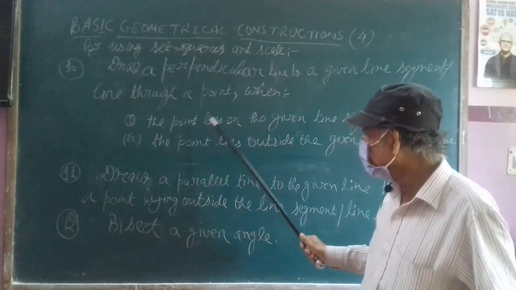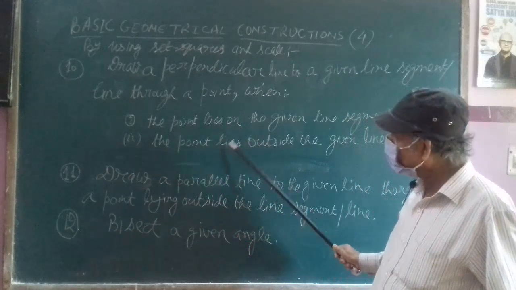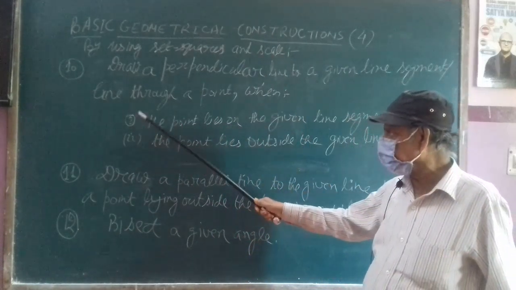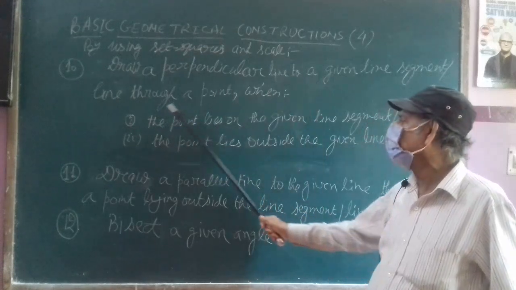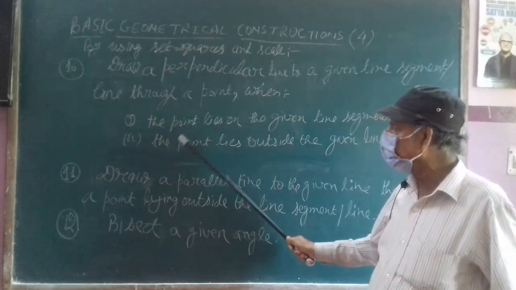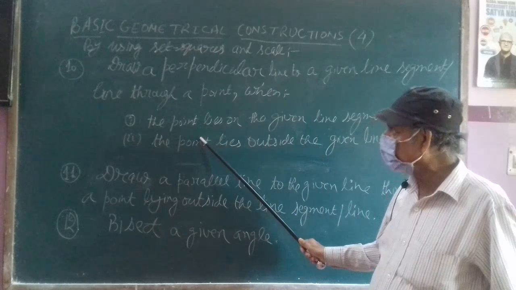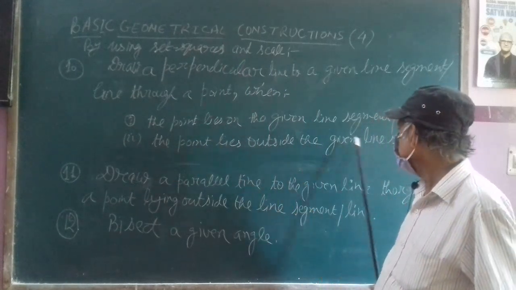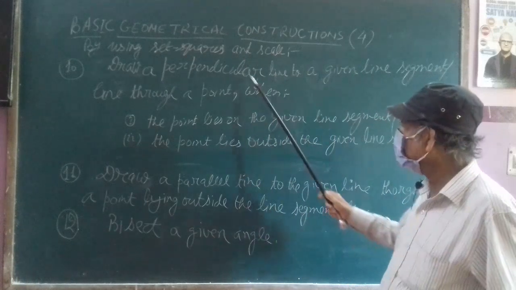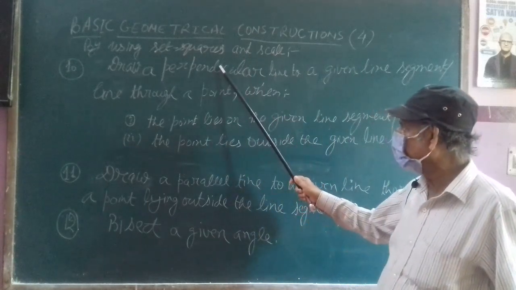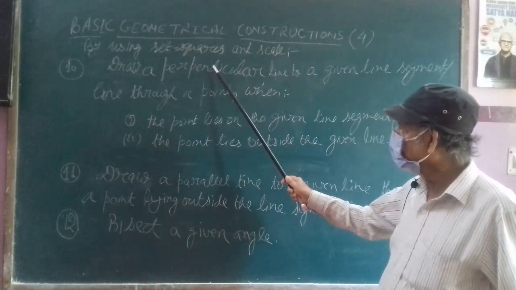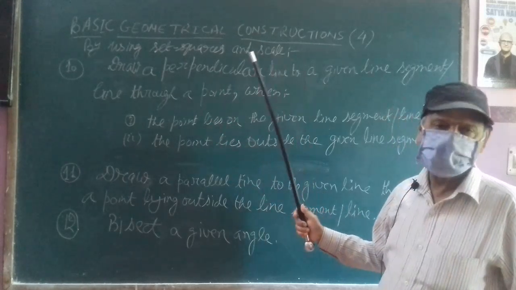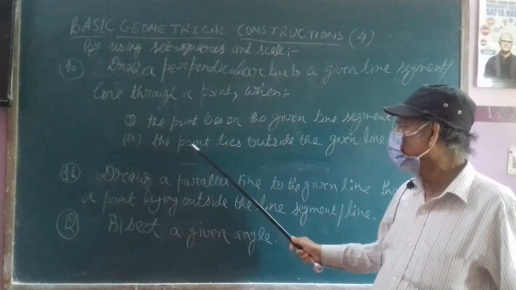Second, this point lies outside the line segment. In the first case it was lying on the line segment. Now in the second case this point is lying outside the line segment or line. You have to draw a perpendicular through that point, that is, drop a perpendicular to that line segment.